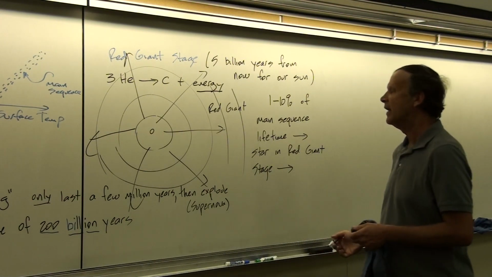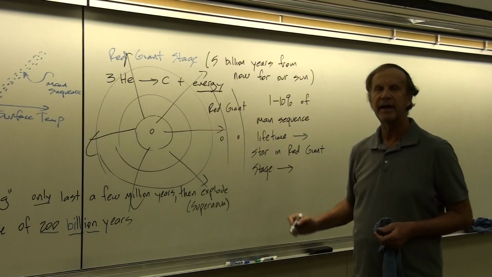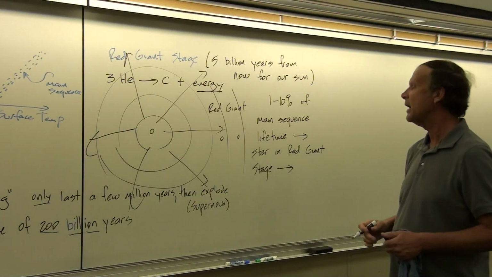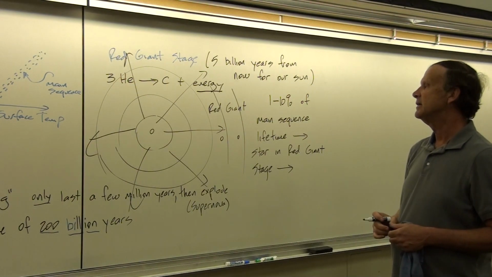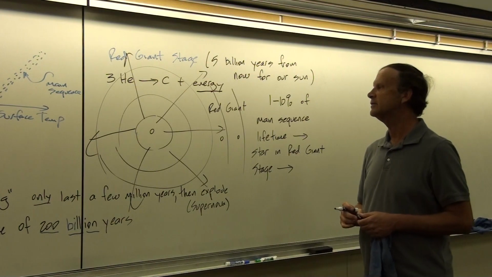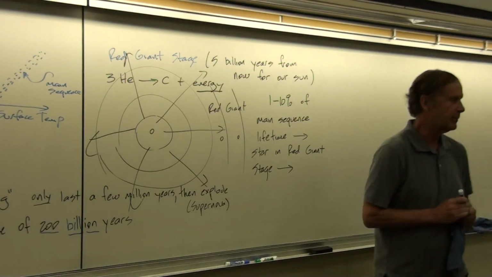Okay, so it's putting out lots of energy, and this, as we mentioned before, is when the inner planets will be engulfed. They'll be cooked and fried by the huge amount of energy that's being released in this latter stage of the star's lifespan.